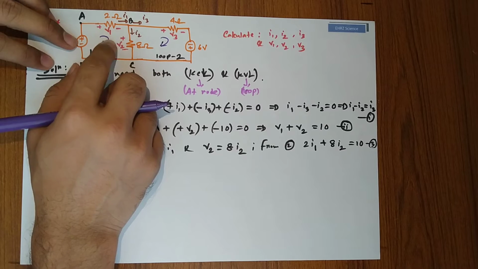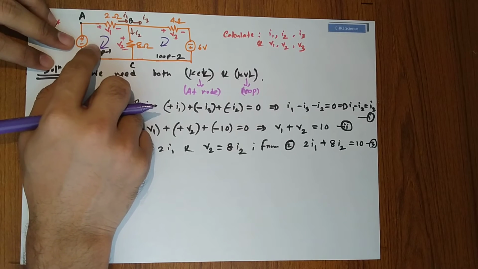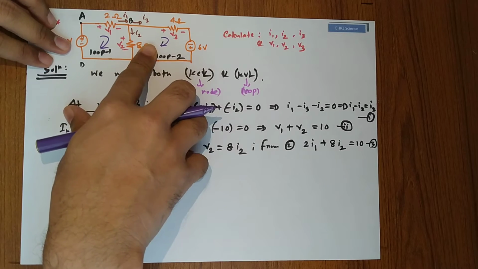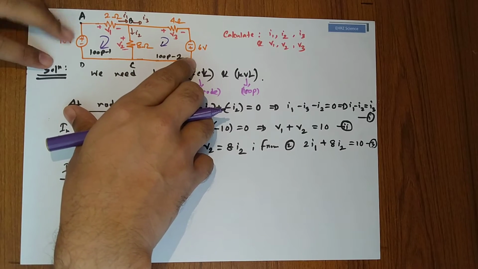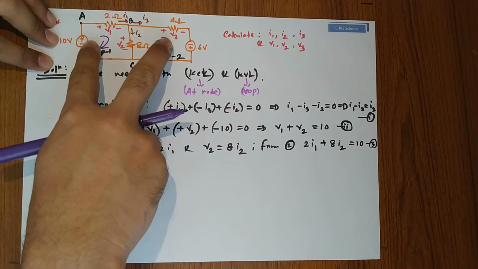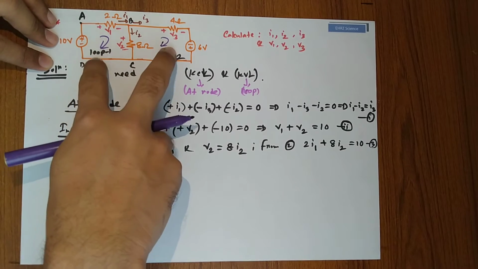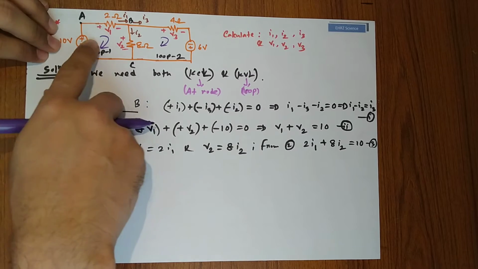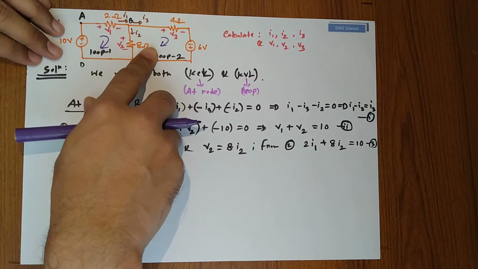If we chose to travel counterclockwise in loop 1, then we have to travel counterclockwise in loop 2. Both traveling paths in the loops have to be the same. If the first one is clockwise, the second one has to be clockwise.